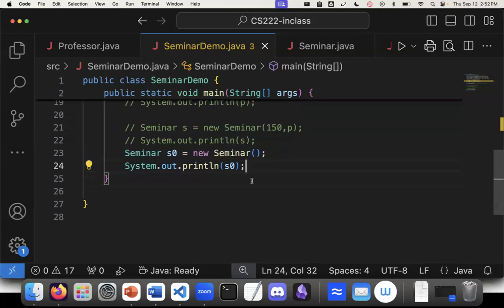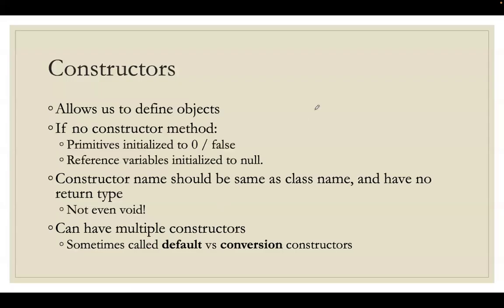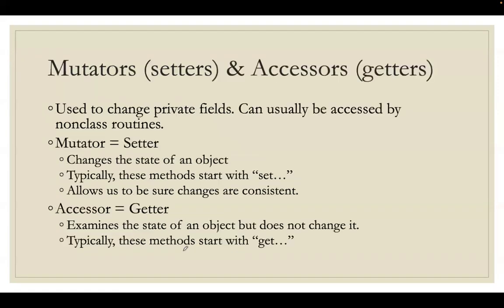Okay, back to seminar. All right, so we've gone through a lot of this so far. We've talked about constructors. We've talked about setters and getters. The other name that we call setters and getters is mutators and accessors. So think about like if you're trying to access something, you're just getting it. If you're trying to mutate something, you're trying to change it. So that's a setter.